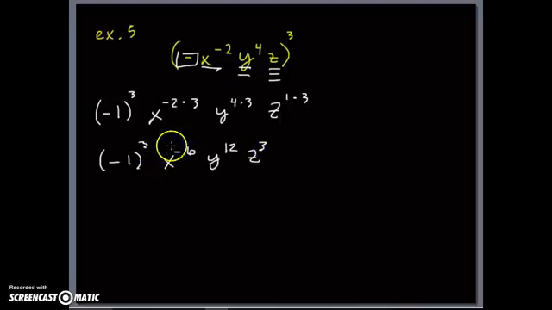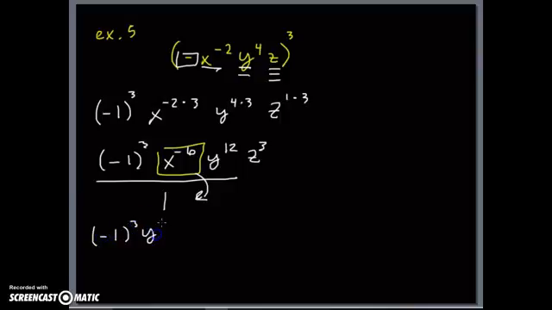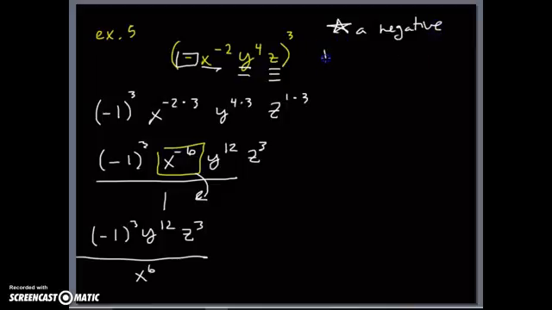Now we can go ahead and write our negative exponents as positives, so we're just going to have to move this one over the fraction line. What we get is negative 1 to the 3rd, y to the 12th, z to the 3rd, over x to the positive 6th. And now you can make one more note that a negative base to an odd power will be a negative value.